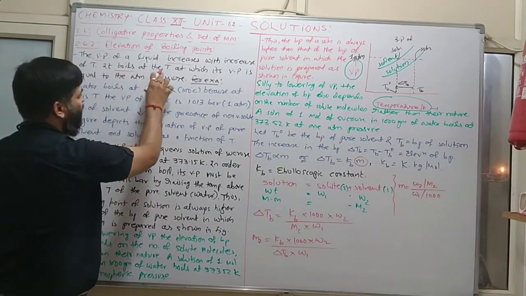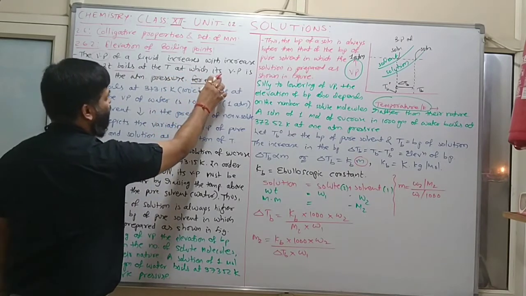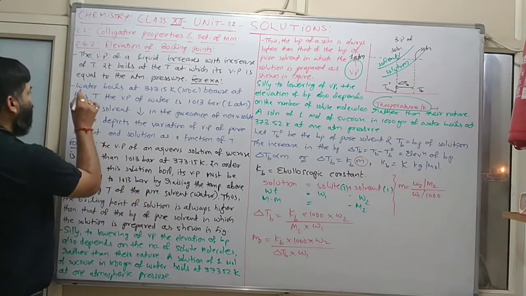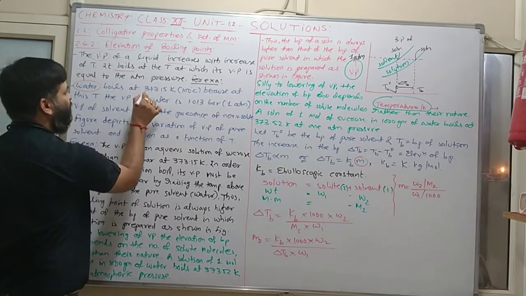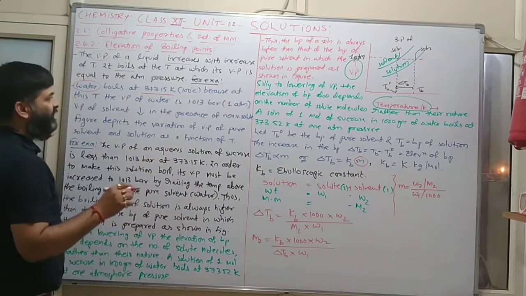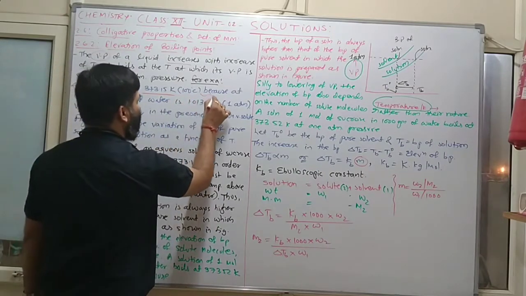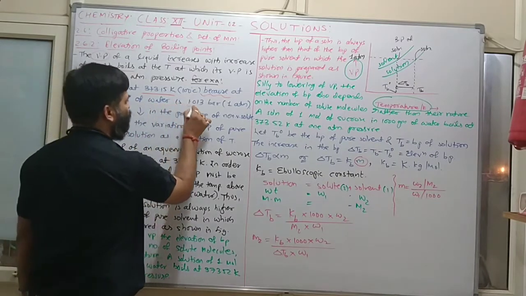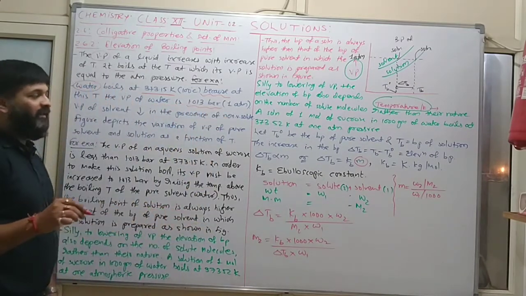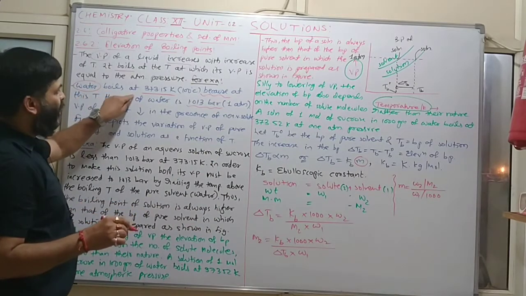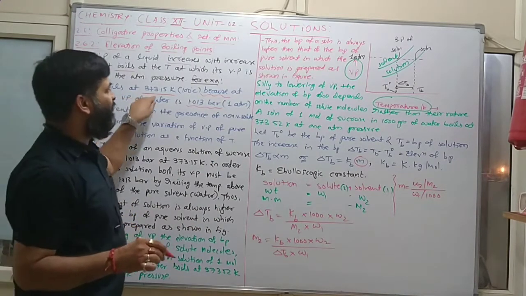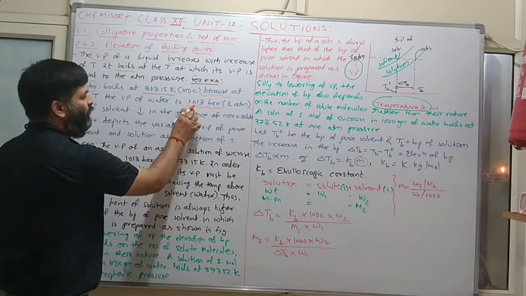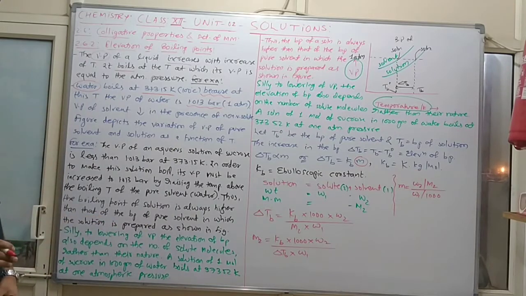For example, water boils at 373.15 Kelvin, 100 degrees Celsius, because at this temperature the vapor pressure of water is 1.013 bar, that is 1 atmosphere.